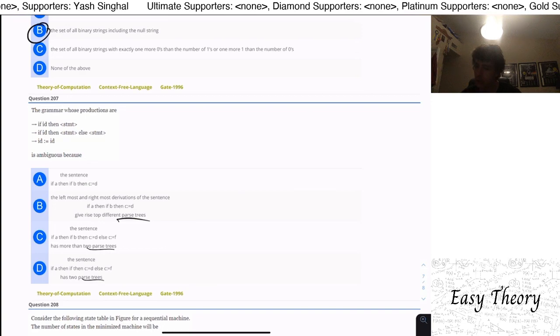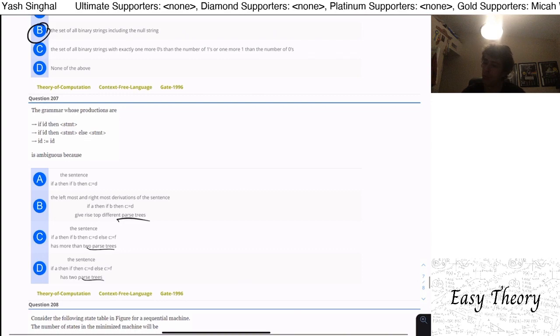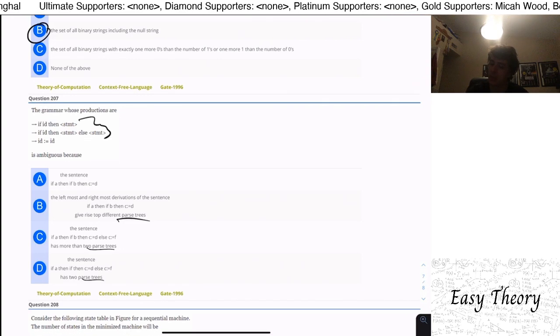And there are only two parse trees of that sentence because there's only two ways that we could apply the next rule once we go down one level.